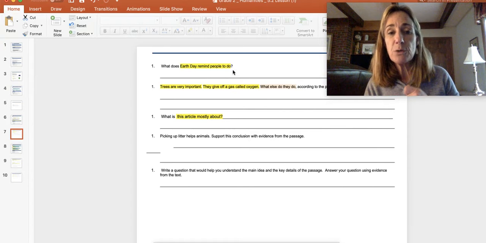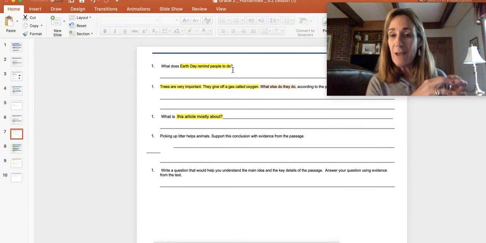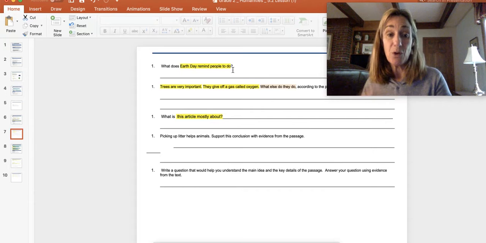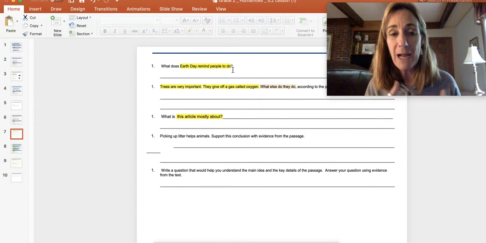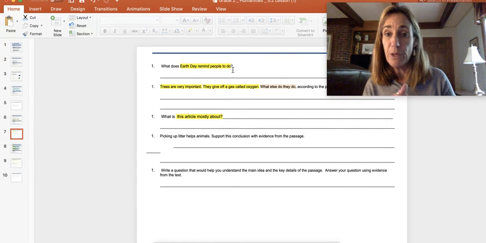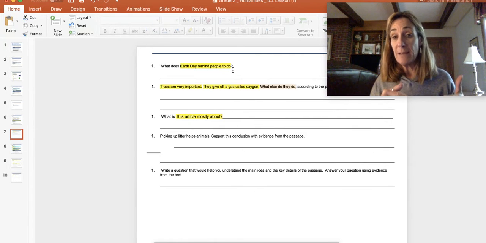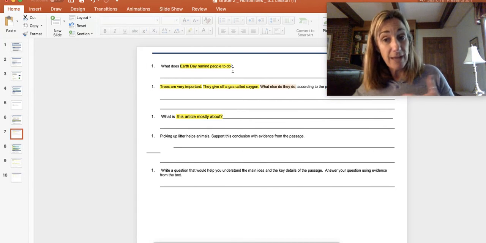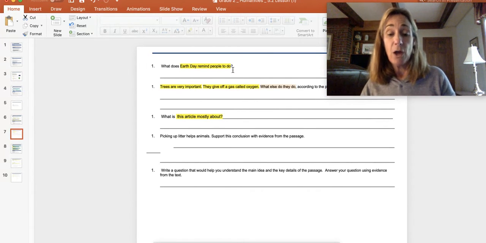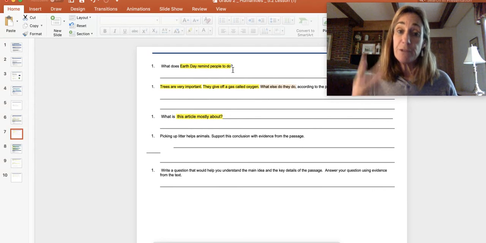You want to make sure that you're using part of the question in your answer. For example, this first one says, what does Earth Day remind people to do? So your answer should say something like, Earth Day reminds people to, and then finish the sentence. Okay, so that's what you do for day 2.